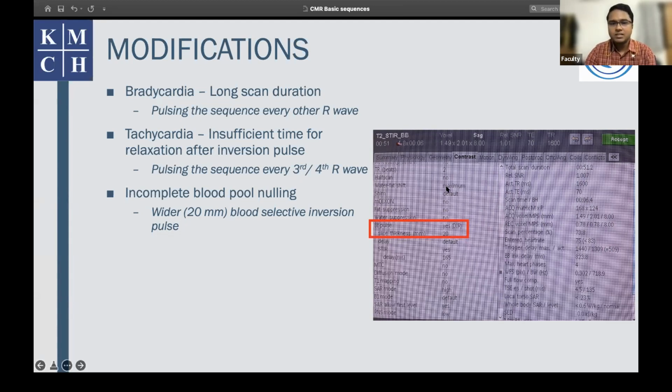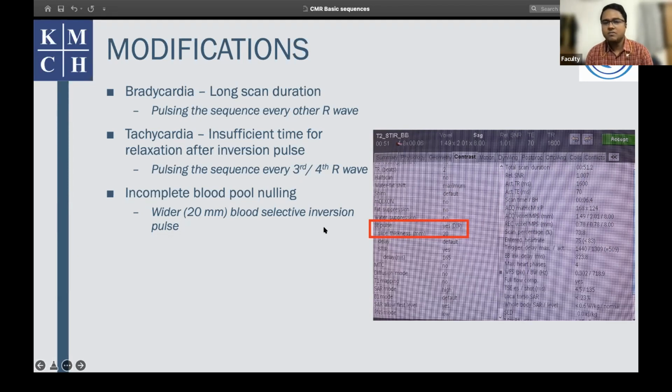For example, in this particular sequence, if you see, this is a STIR image with a slice thickness of around 8 millimeters, whereas the 180 degree slice selective black blood pulse is given for a thickness of 20 millimeters.